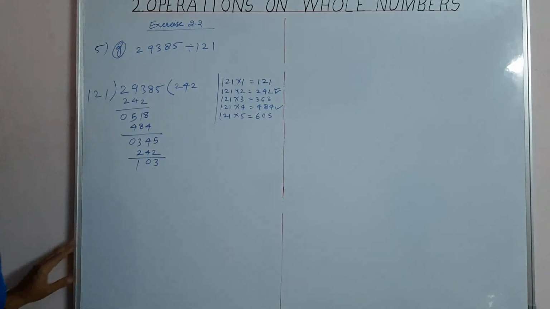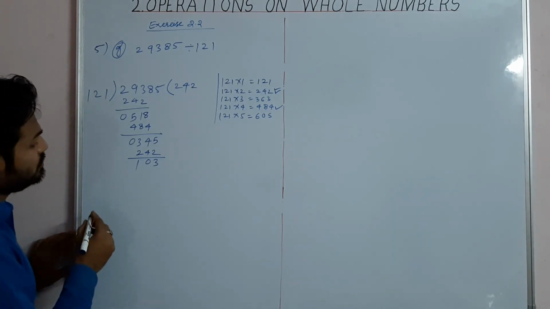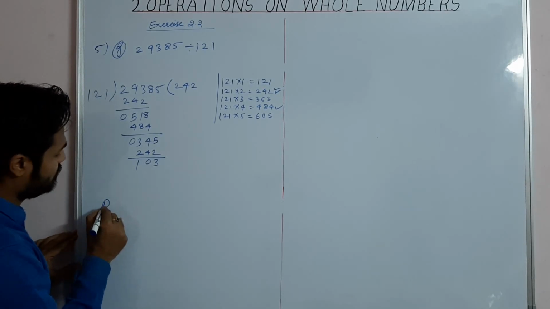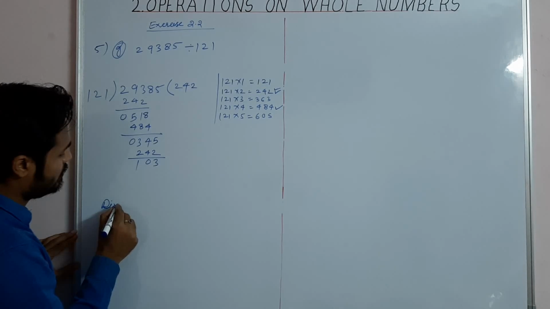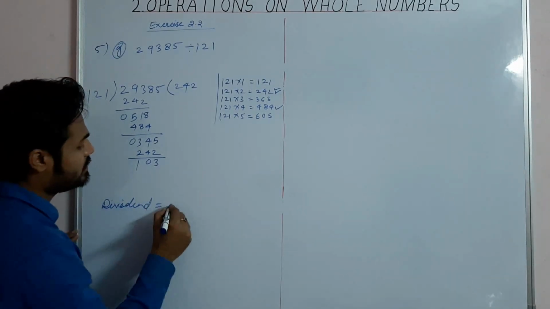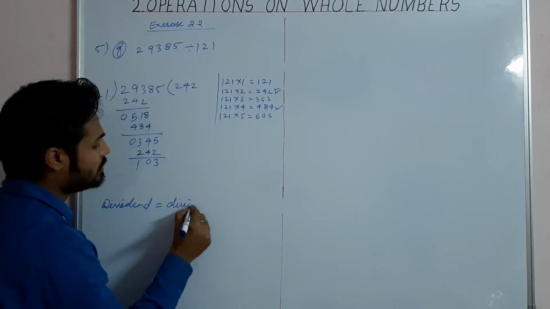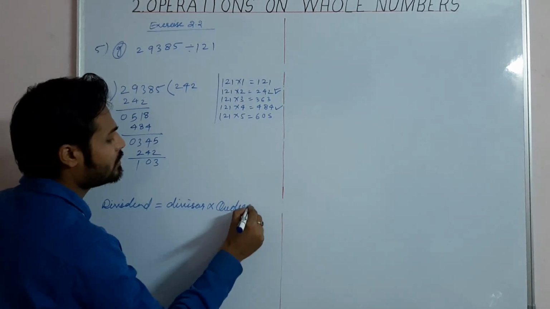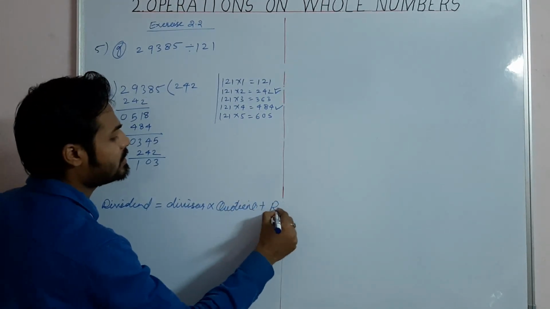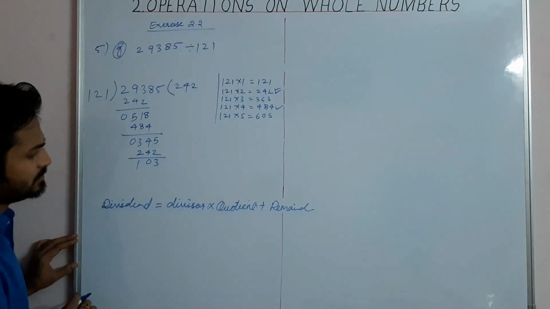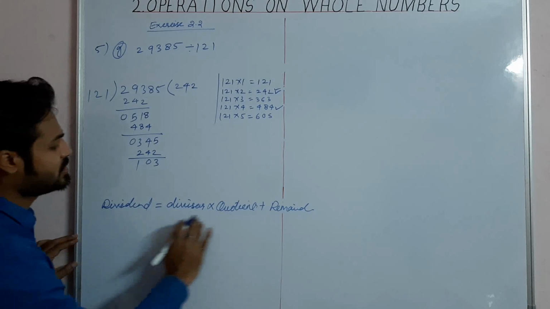Now for verification, we have to verify by multiplication. As per the rule, dividend is equal to divisor into quotient plus remainder. So for verification, this must be satisfied.